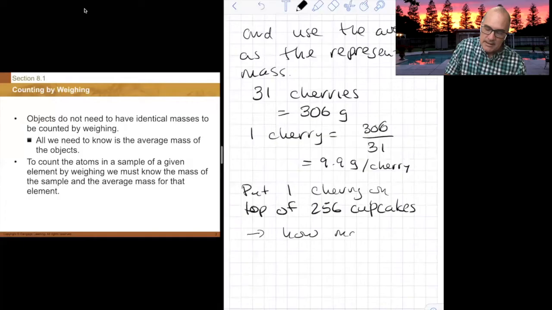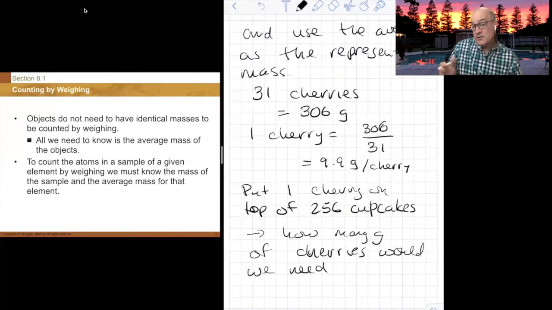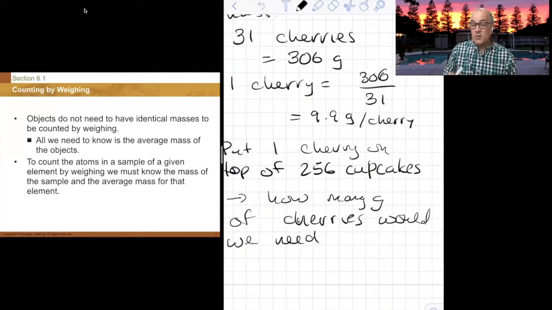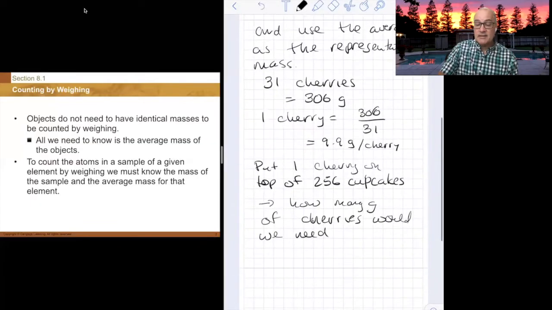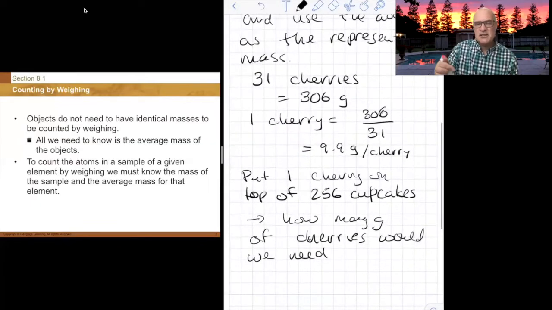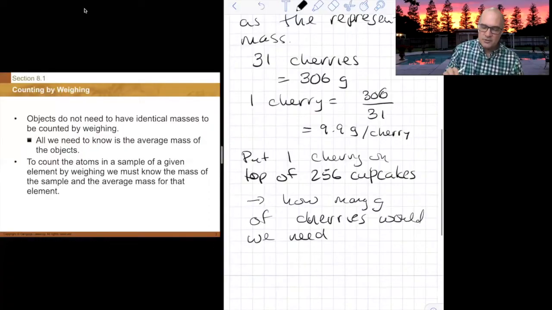How many grams of cherries would we need? And you want to give yourself, of course, a little wiggle room, because you don't want to sell yourself too short and figure out this number exactly. You want to give yourself maybe 10% extra, but we'll not consider that here.